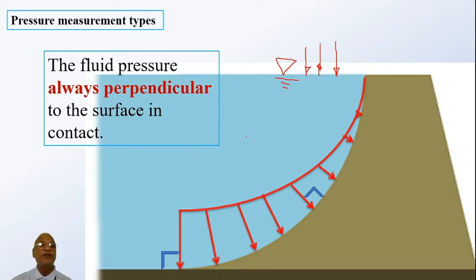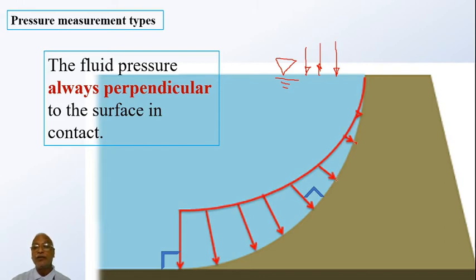Now whenever pressure acts on a surface, fluid pressure on a surface always acts perpendicular to the surface. Here there is no depth of water, so the pressure is not acting. If you go a little below, to this particular point, the pressure is acting, but because the depth of the fluid is less, the pressure is less.